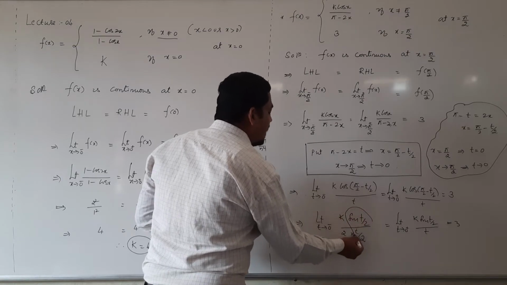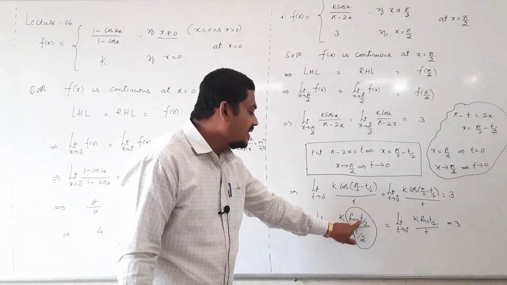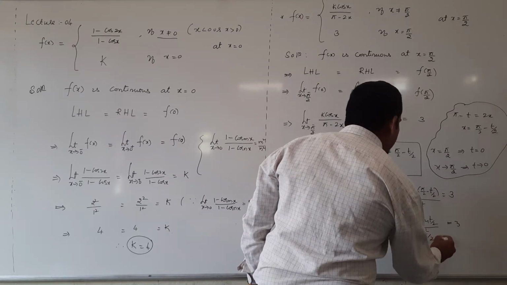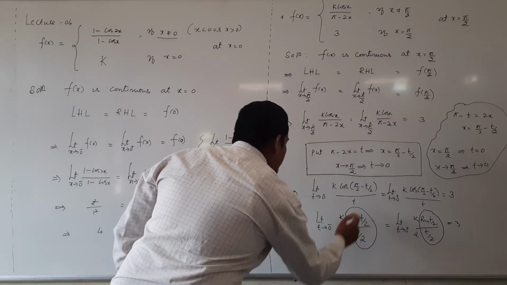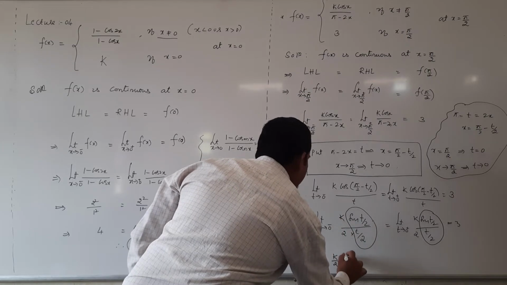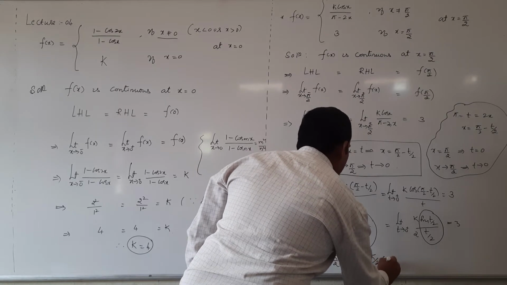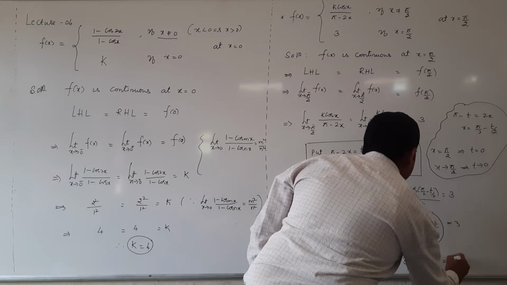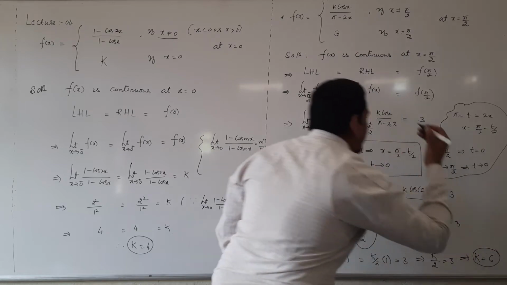Here also divide and multiply with 2, then it becomes sin theta divided by theta. Now its value is 1, and k by 2 remains as it is, into the limiting value 1. So k by 2 into 1 equals 3, meaning k by 2 is equal to 3, therefore k equal to 6. This is our required answer.